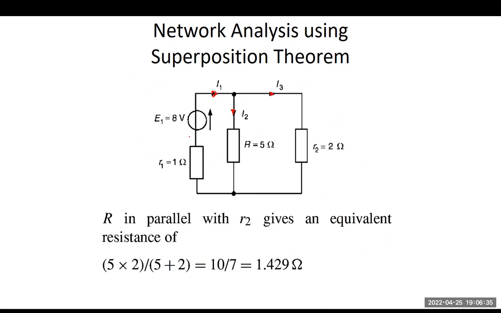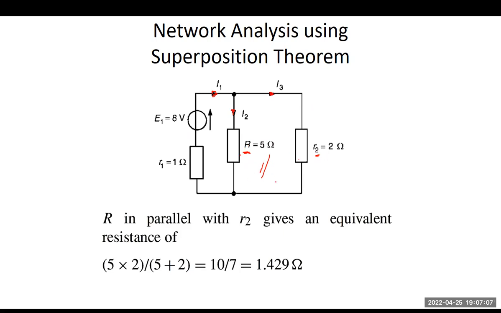What you could notice here is that in taking out E sub 2, our load resistance R and our resistance R2 are now connected in parallel. So we could have an equivalent resistance for the big R and R sub 2.